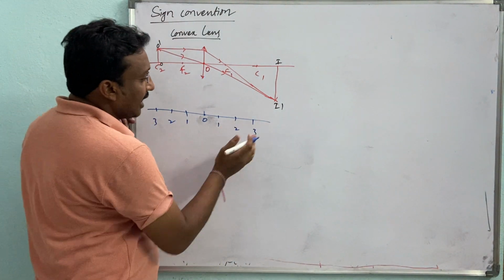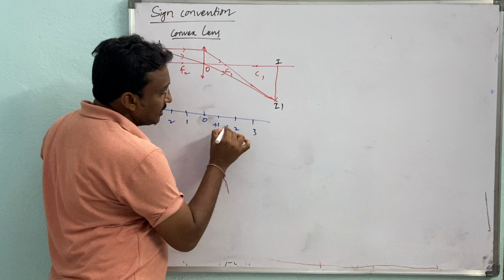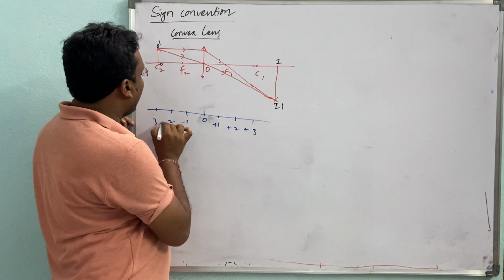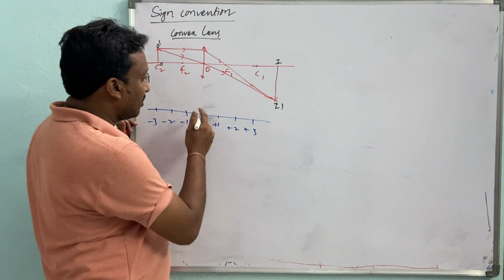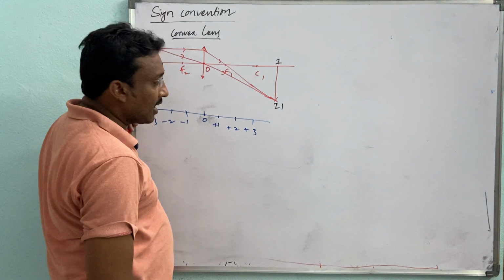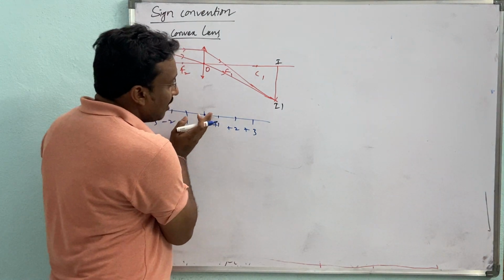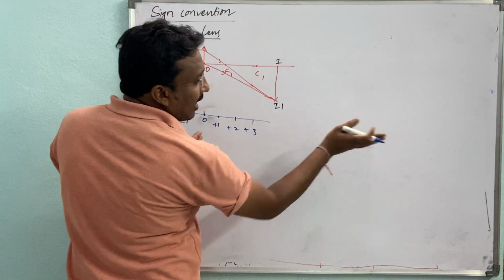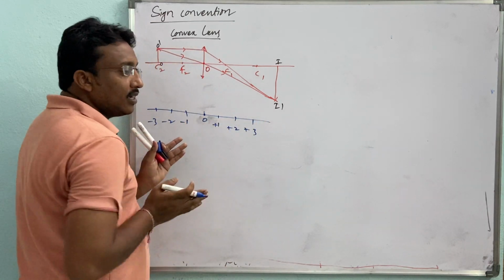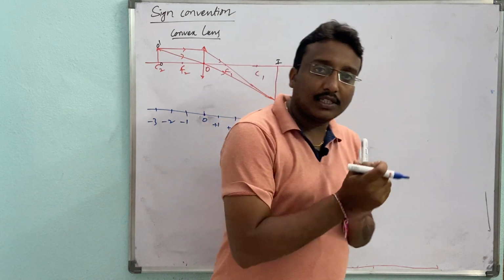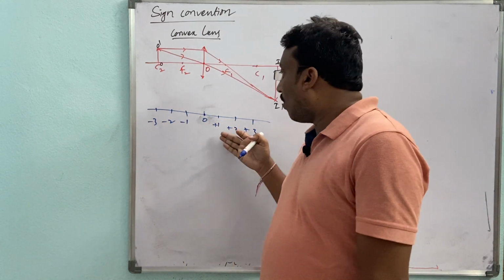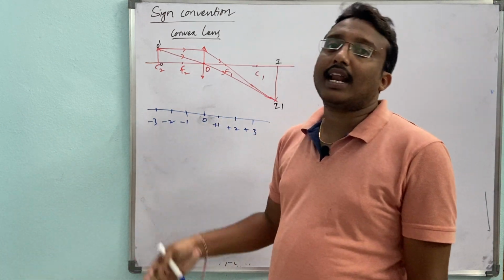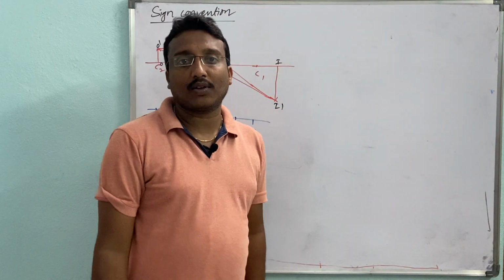We know that on the right side all values become positive, on the left side all values negative. From the origin, here 0 is the origin in a number line. From the right side of the origin, all values we will take as positive, right? All left side we will take as negative. Got it?